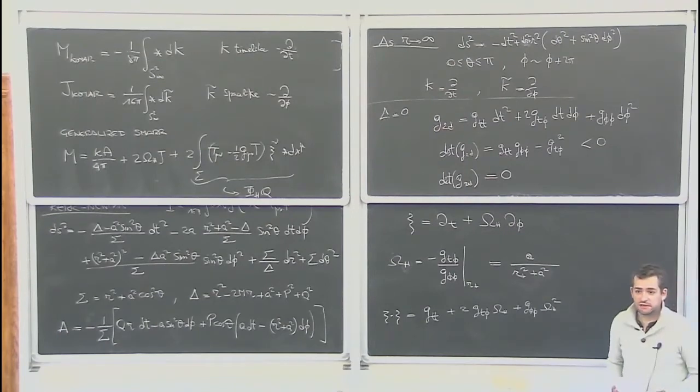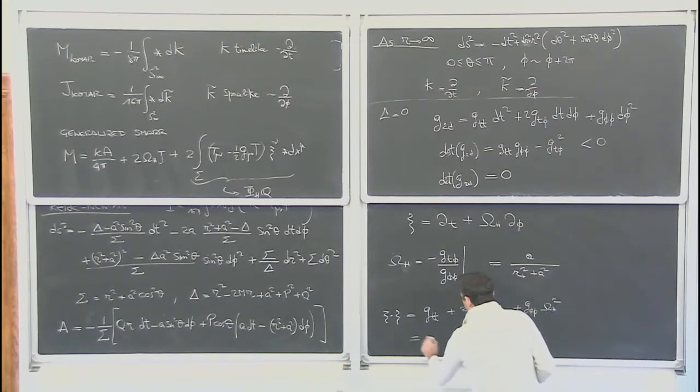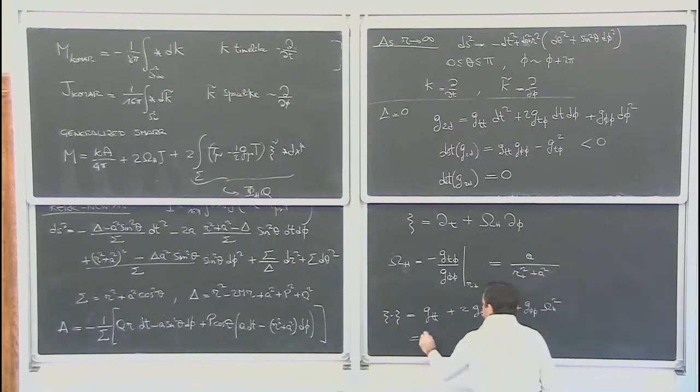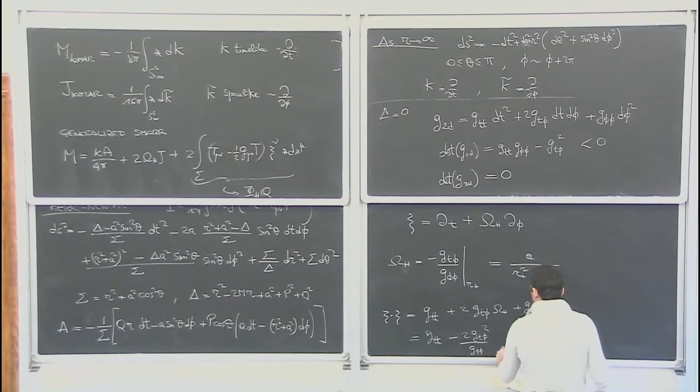Just ask if anything is confusing. But now, since I chose my Ω_H in a wise way, I get g_tt minus 2 g_tφ squared over g_φφ plus g_tφ squared over g_φφ.